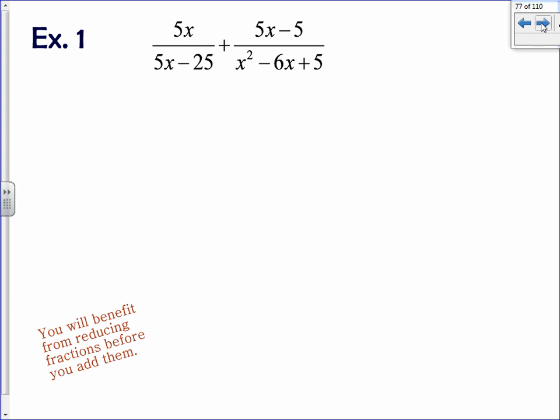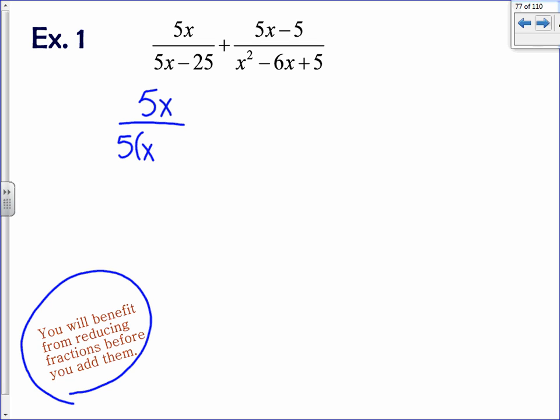If you can reduce your fractions ahead of time, it's likely to help you before you go ahead and add and subtract them. So for example, in reducing your fractions, if you did the homework last night, you know you have to factor the numerator and the denominator. So that is also useful when we're finding the lowest common denominator.